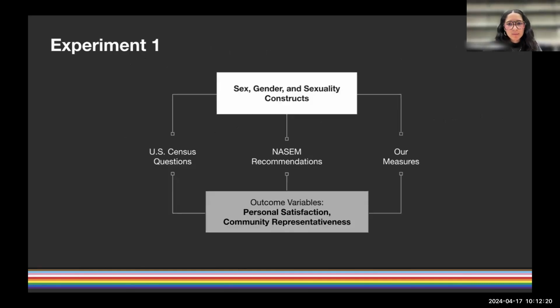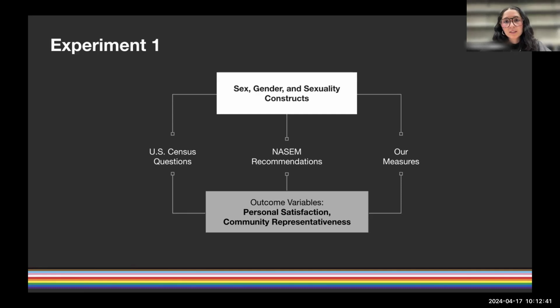So moving on to experiment 1. We tested 3 different models for asking questions on gender, sex, and sexuality. Our first benchmark was the census, and the second was the National Academy of Sciences, Engineering, and Medicine recommendations they issued in 2022.